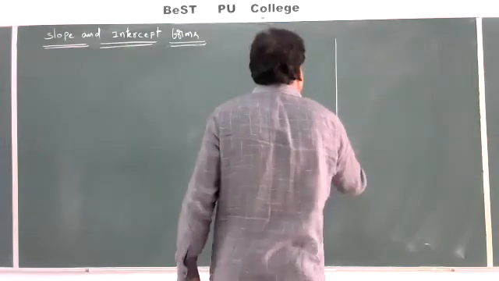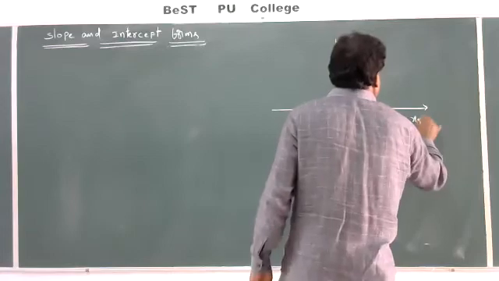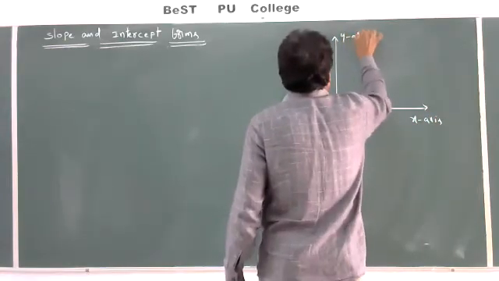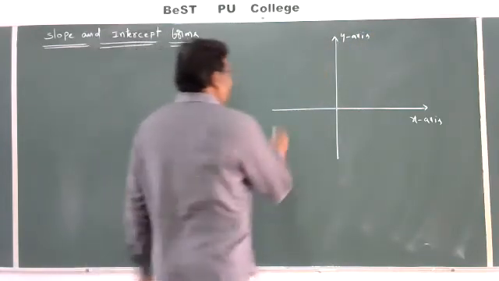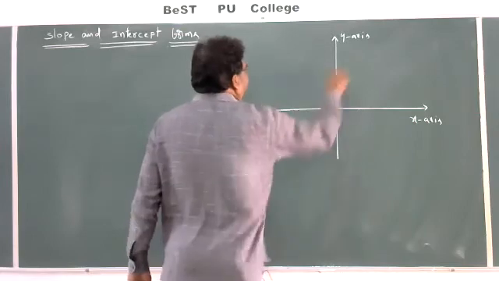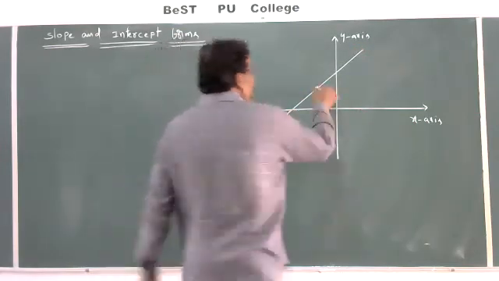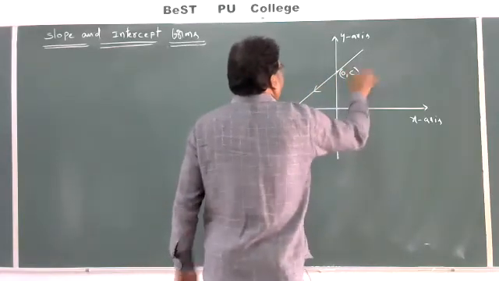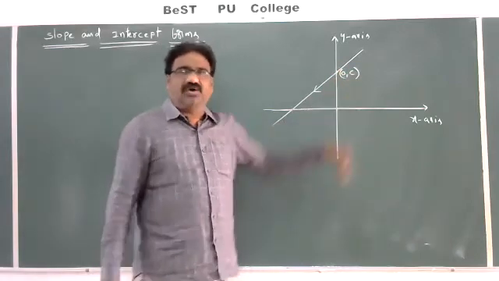Observe this diagram. So, coordinate axes, this is the x-axis and this is the y-axis. If a line makes an intercept of c units on the y-axis, that is 0 comma c, that means the line meets the y-axis at 0 comma c.